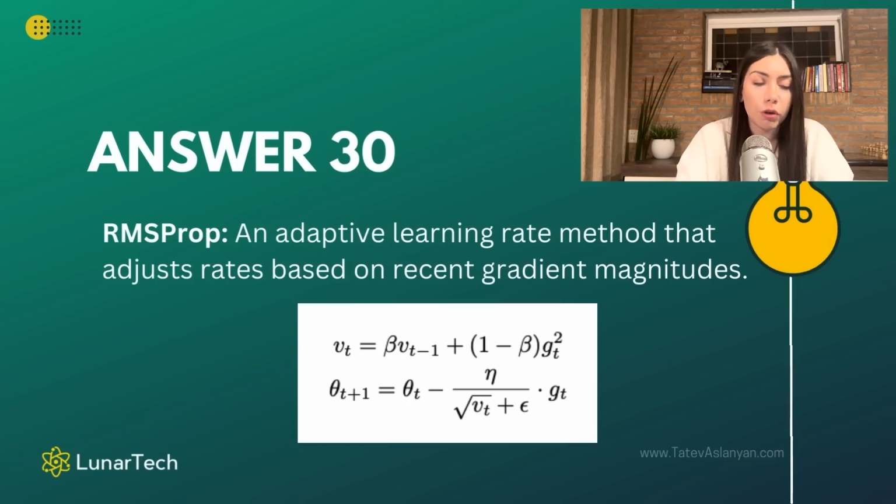Now, to avoid this, what RMSProp is doing is using an adaptive learning rate. It's adjusting the learning rate, and it is using for this process the idea of a running average of the second order gradients. So this is related to the concept of Hessian.